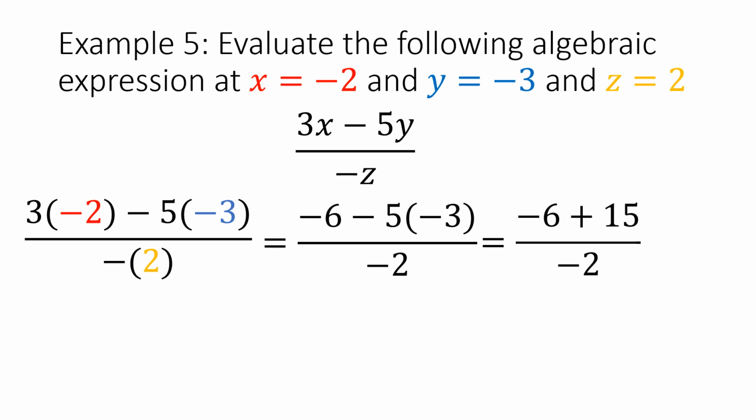So I have -6 plus 15 on the top, all divided by -2. My last step here is that I'm going to add the numerator, so -6 plus 15, that's going to give me a positive 9, and then I'm going to have -2 in the denominator of my fraction. Now, there's nothing left I can do here because you can't actually simplify this, so you can just leave it as a fraction, 9 over -2, or -9 halves.